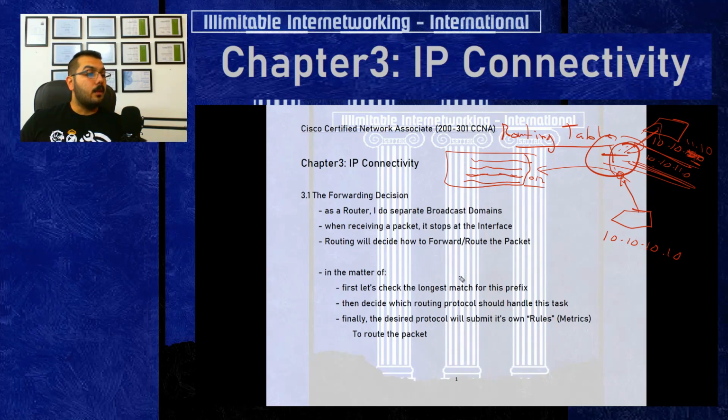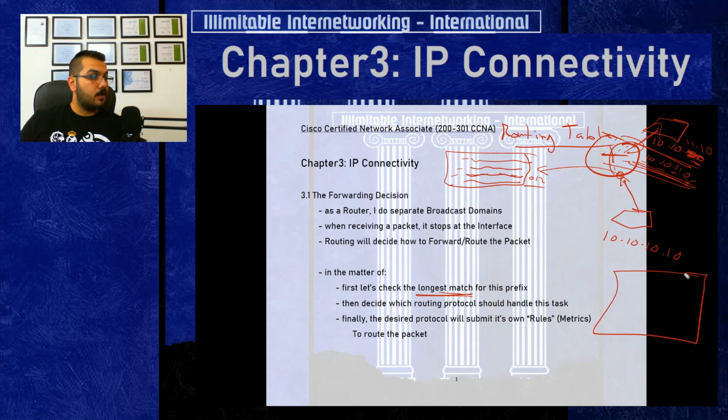Okay, so the longest match for the prefix is what I mean: imagine you have installed or mentioned the prefix 10.10.11.something more than one time in the routing table.